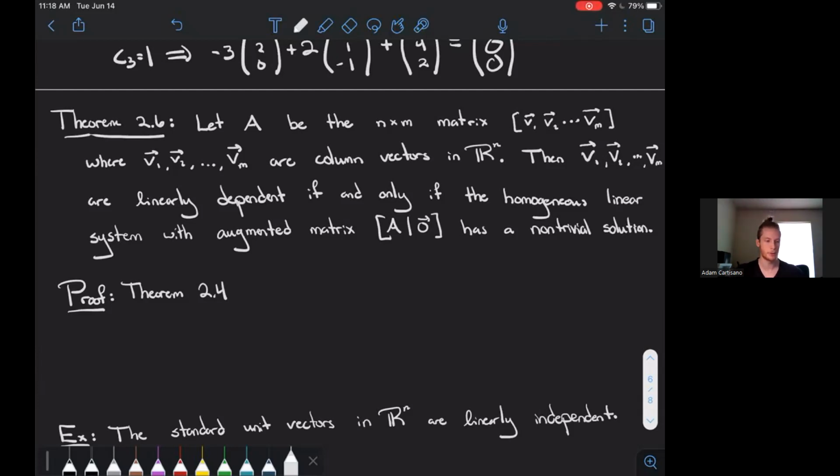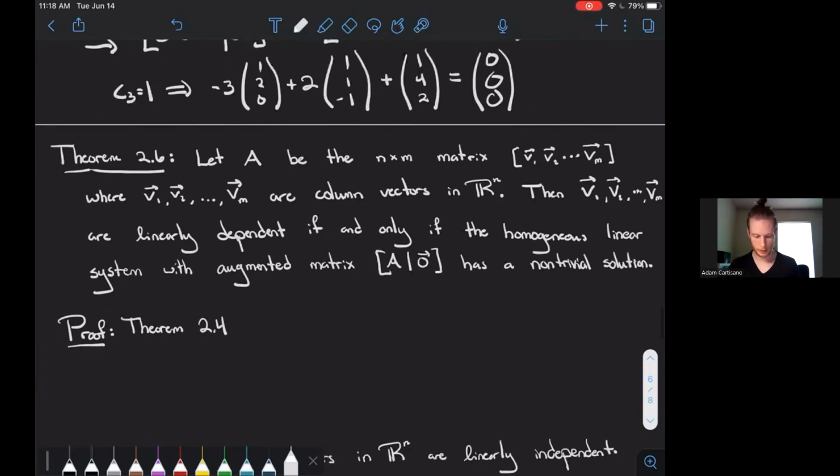Remember theorem 2.4? I'll just go back up and look at it.